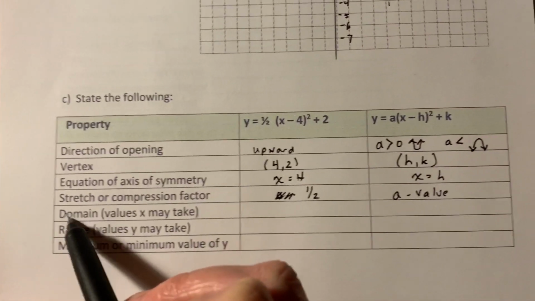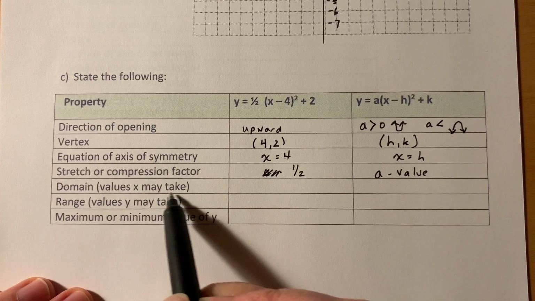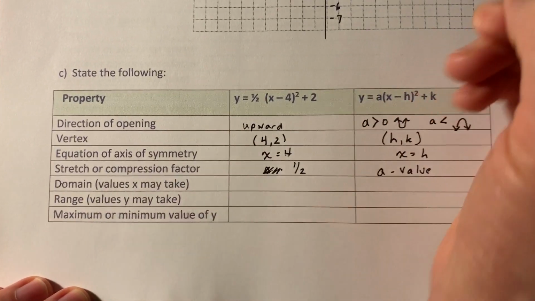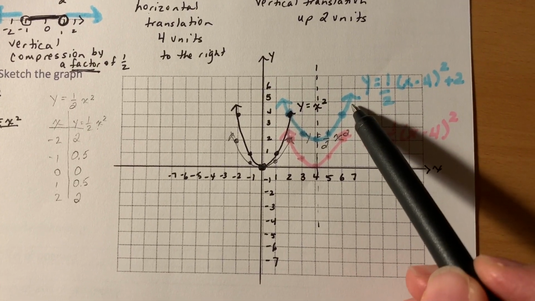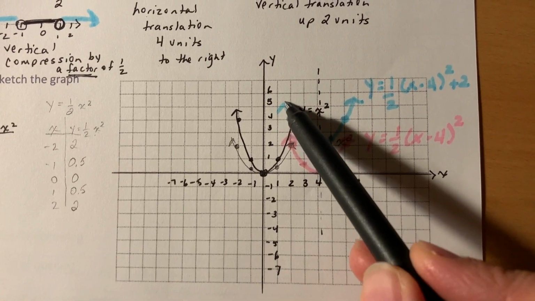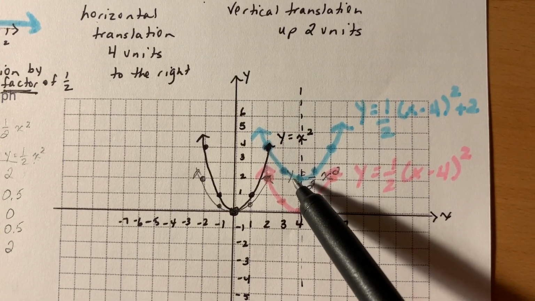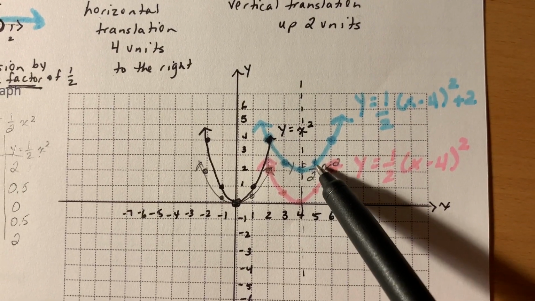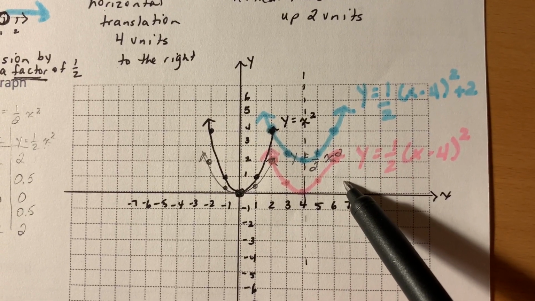Now, I'm using the word domain. This is a grade 11 term. Your textbook is using values X may take. So you look at the very last graph and you say, is there any number on this very last graph that X can't be? What I often do is I start here at the vertex and I look at all the numbers to the right of X. And I say, there's somewhere on my graph.